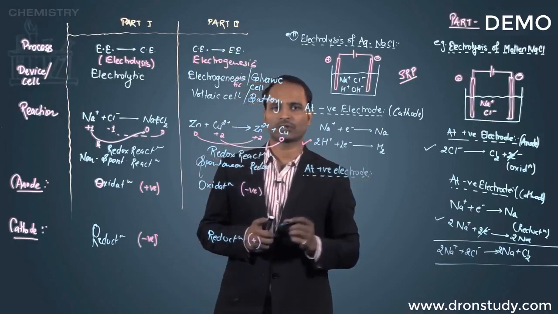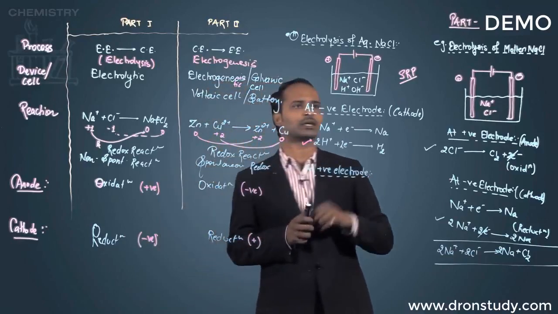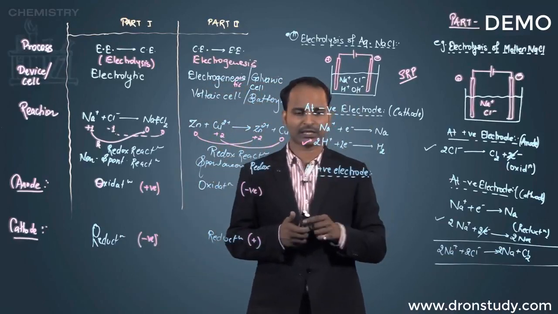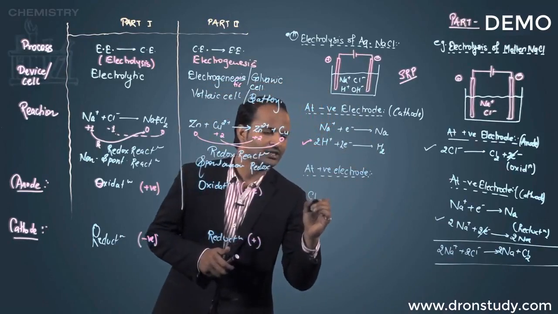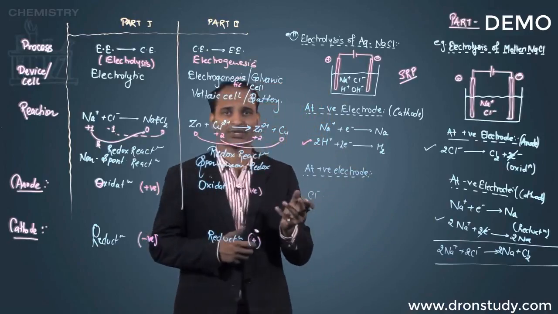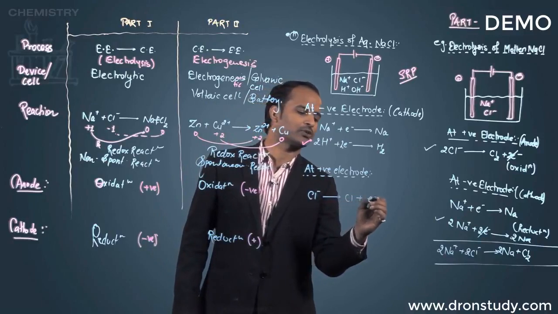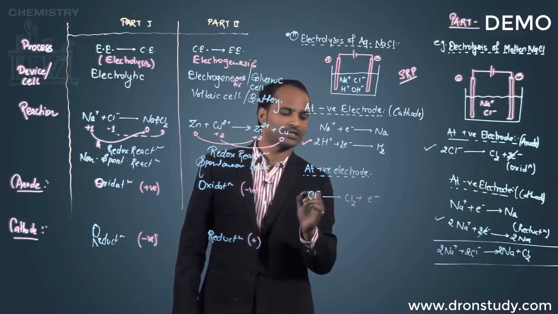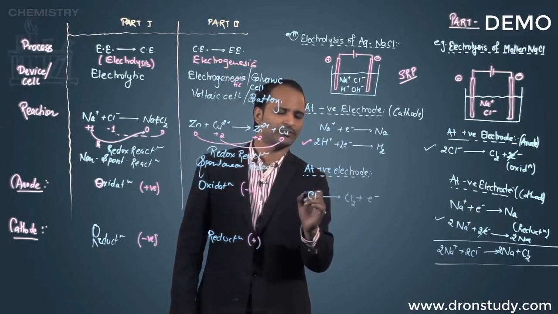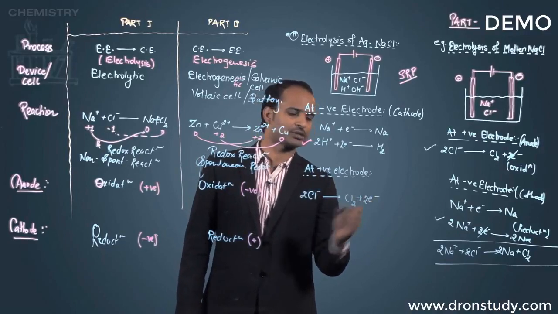At the positive electrode, the ions approaching are Cl- and OH- ions. The Cl- ion has the extra electron, as the negative sign represents. So Cl- will give Cl plus an electron, but as I said, Cl never exists in the Cl form, so 2Cl- gives Cl2 plus 2 electrons.